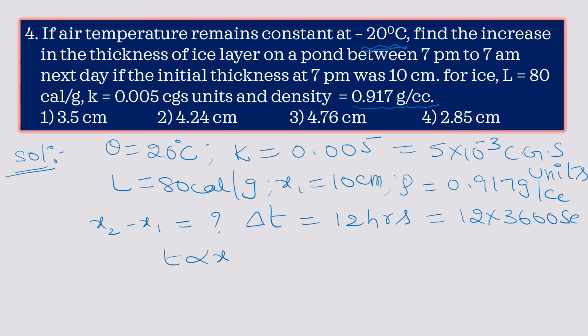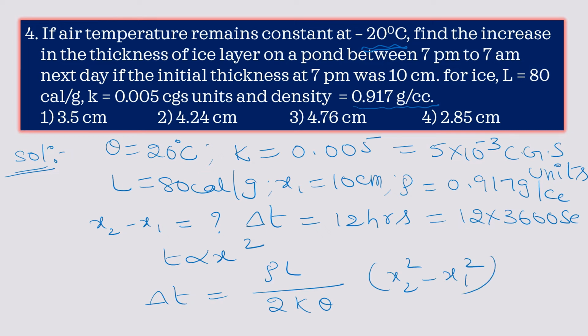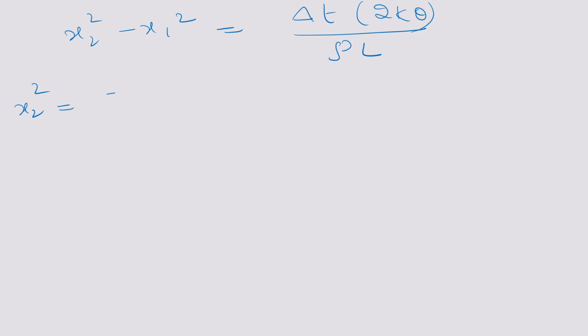T is directly proportional to x square. So delta T is equal to rho L by 2k theta of x2 square minus x1 square. Now this can be written as x2 square minus x1 square is equal to delta T of 2k theta by rho into L. So from this, x2 square is equal to delta T 2k theta by rho L plus x1 square.